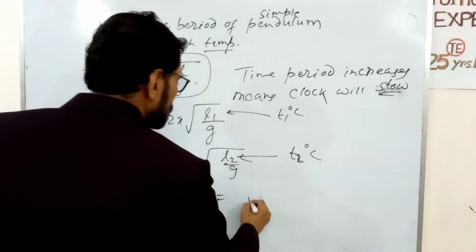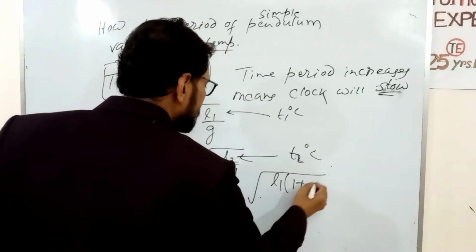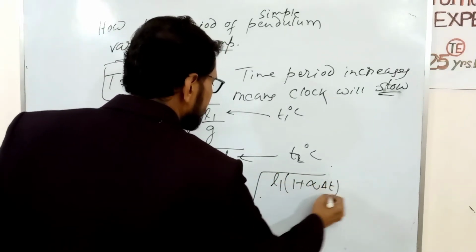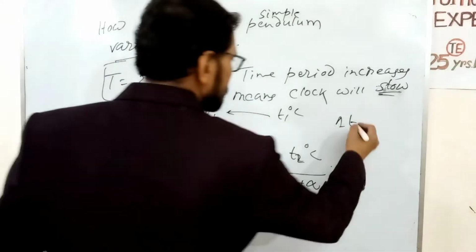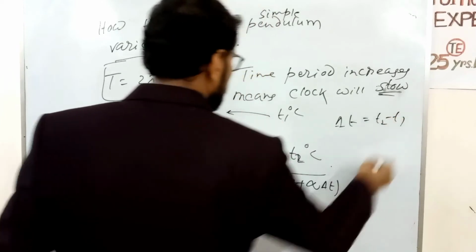Now L2 equals L1 into 1 plus alpha into del T. Del T means the temperature rise, which is equal to T2 minus T1.